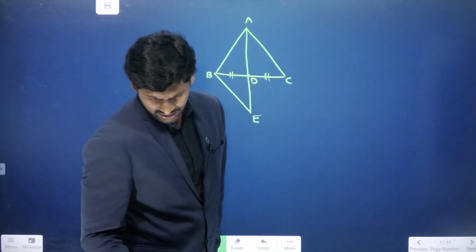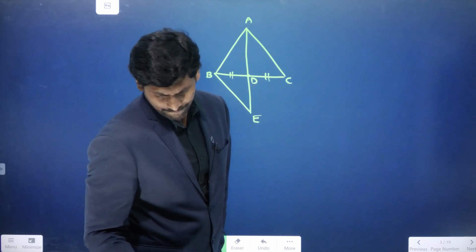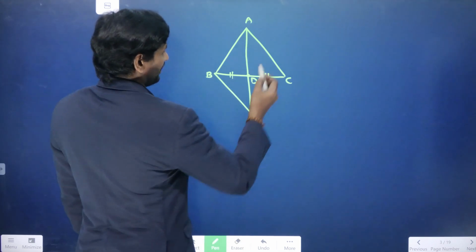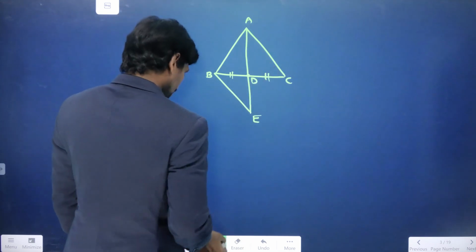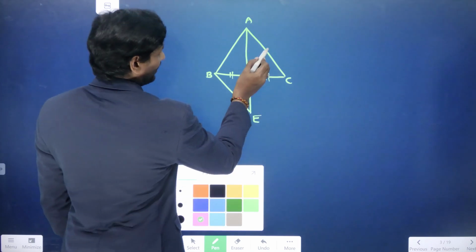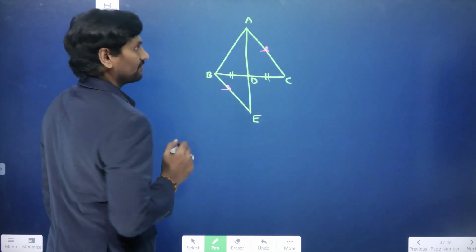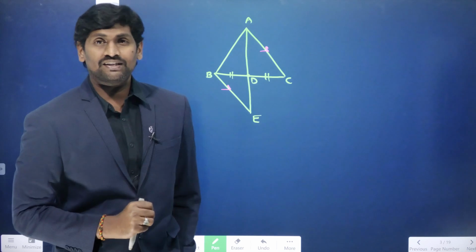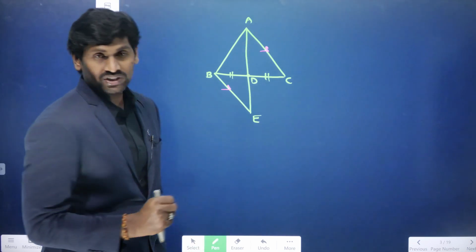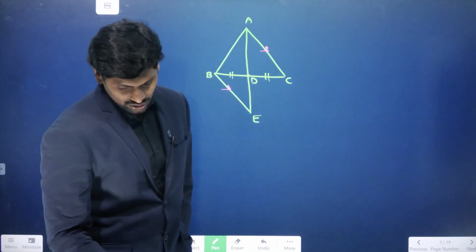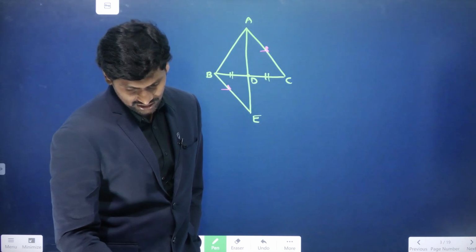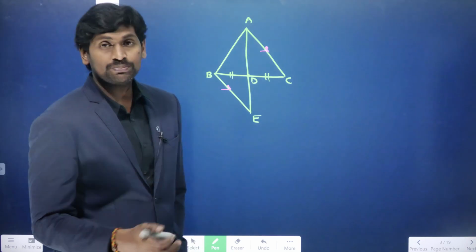Okay. And it is given that AC is parallel to BE. So from this we can take that AC is parallel to BE. Whenever you observe parallel lines, you should have an idea about the transversal line. Then we need to find which of the following options is true.